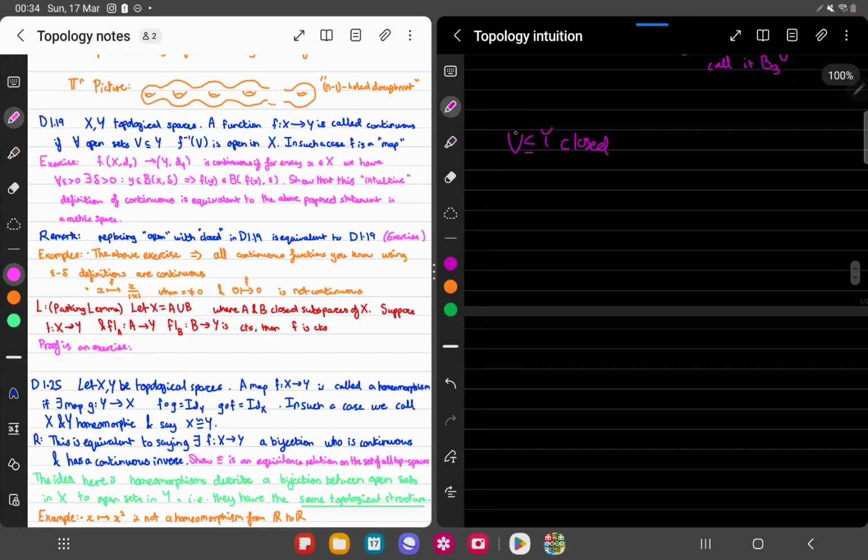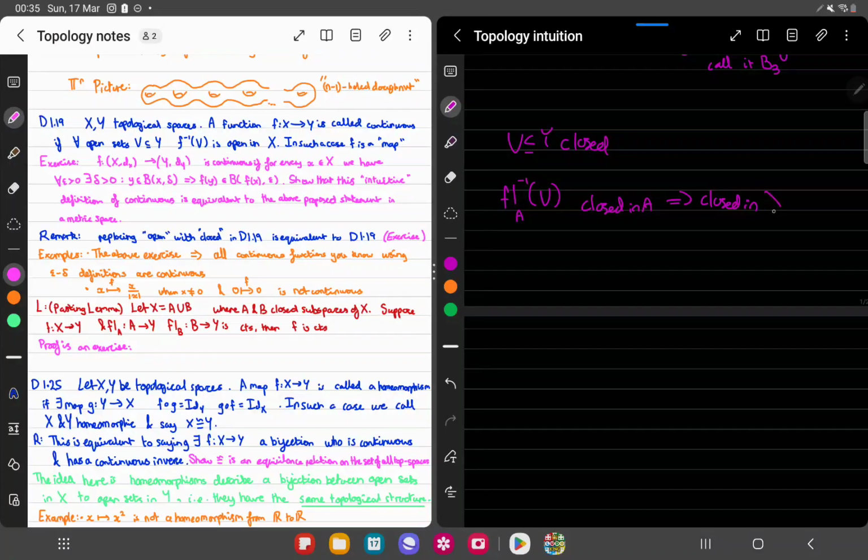So take V closed in Y, then by the continuity, the inverse image under f restricted to A of V is closed in A, and by the definition of what it means to be closed in a subset, it's closed in X, because A is closed, and the intersection of closed sets is closed.